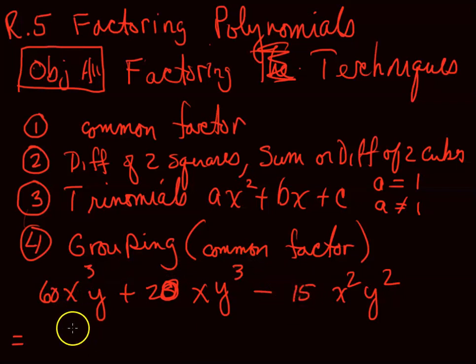Maybe it's 15. So if I pull out a 15, the 60 becomes a 4. The 20 becomes, oh man, 15 won't work for that. So maybe I have to just go with 5.